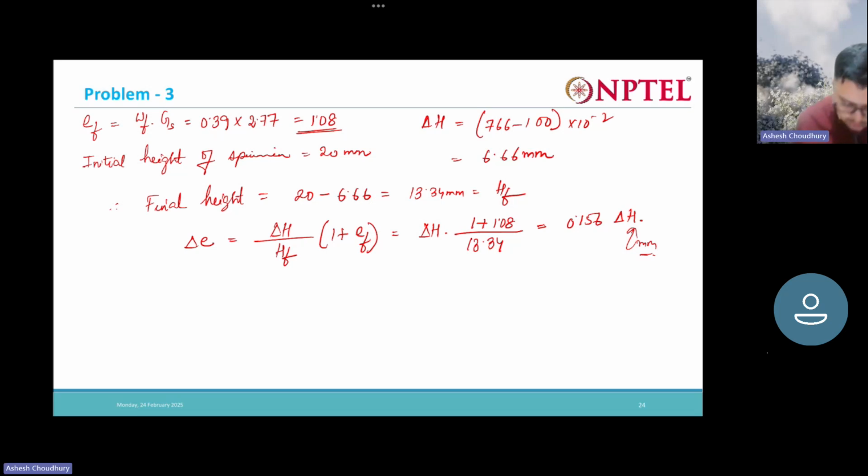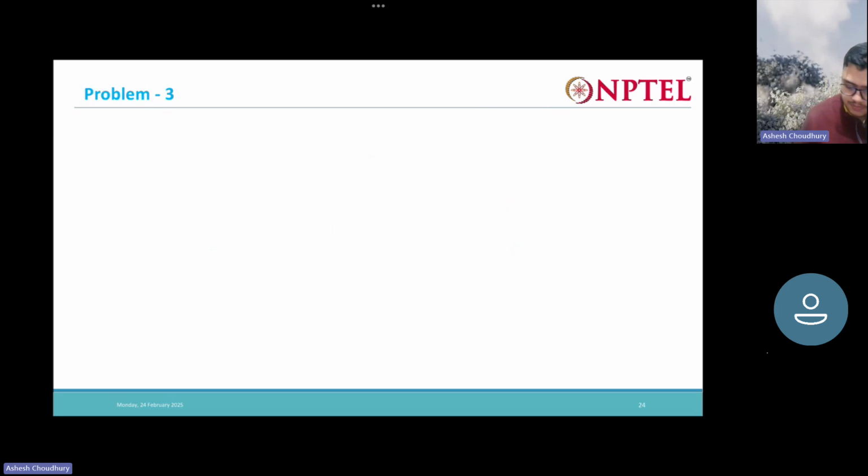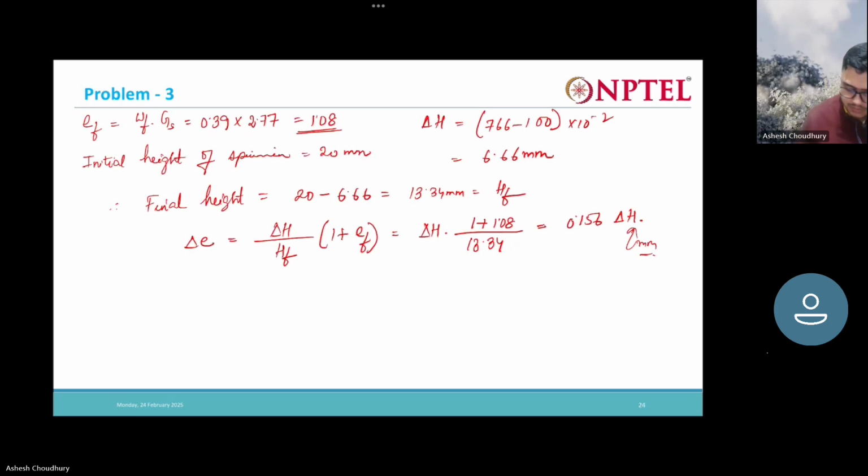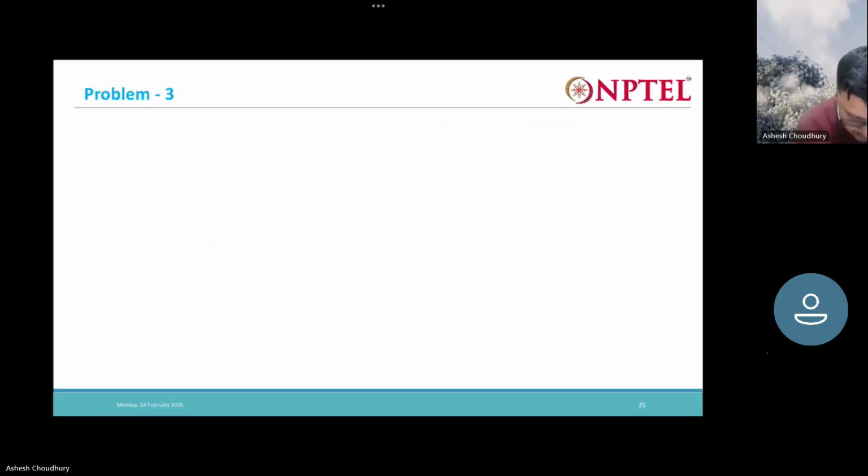Now let us see how to do this. For this, we will be making one table. First we have the applied pressure, then we have the dial gauge reading, then our delta H in mm, then H in mm, then you have delta e.